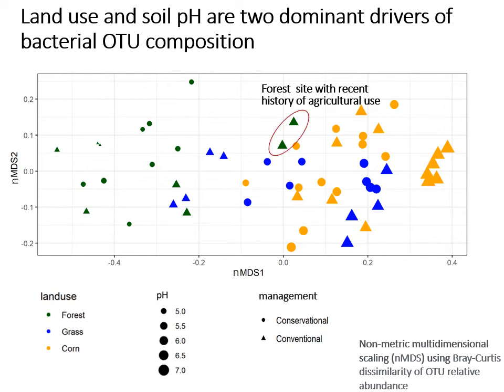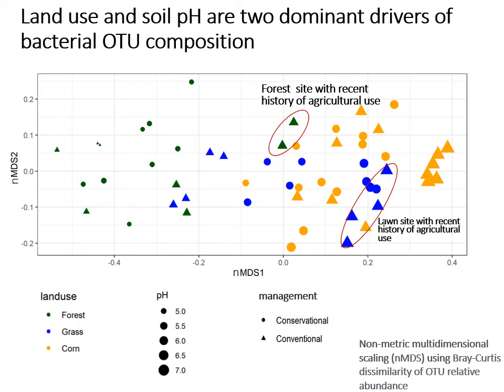I also wanted to point out that the sites recently converted from agricultural lands, such as this forest site and this lawn site, have bacterial compositions more similar to those from cornfields, suggesting a strong legacy effect of bacterial communities from past land use.